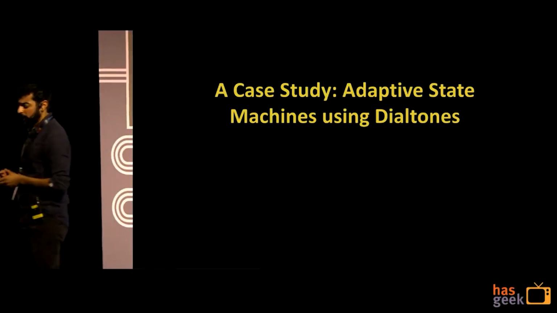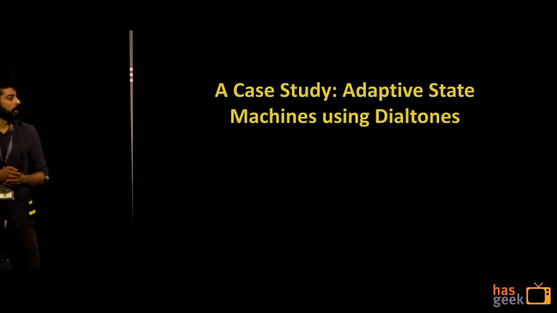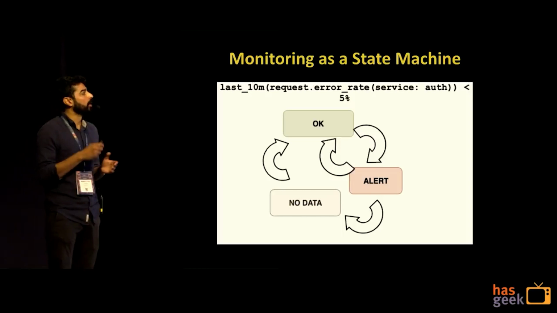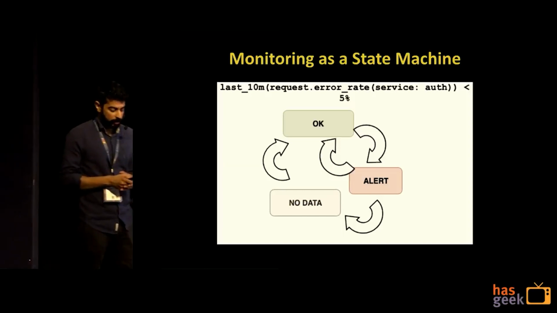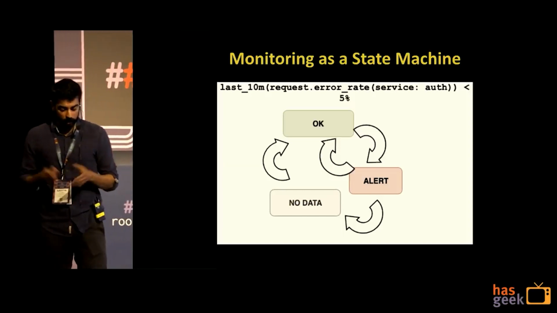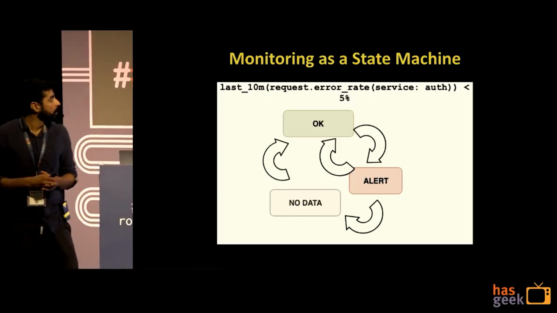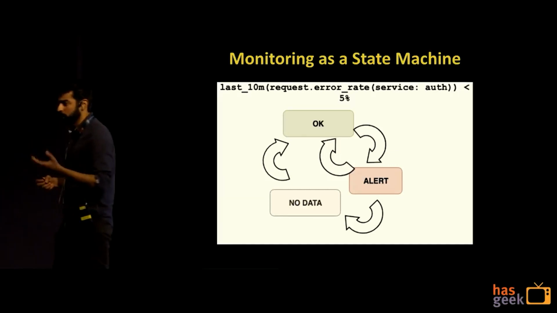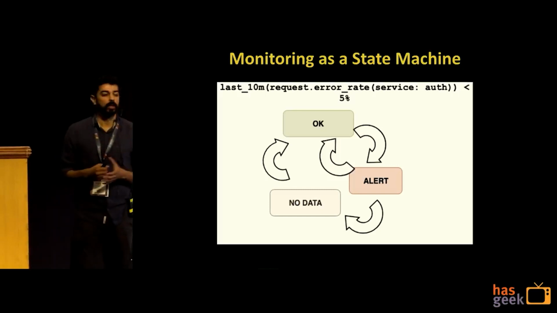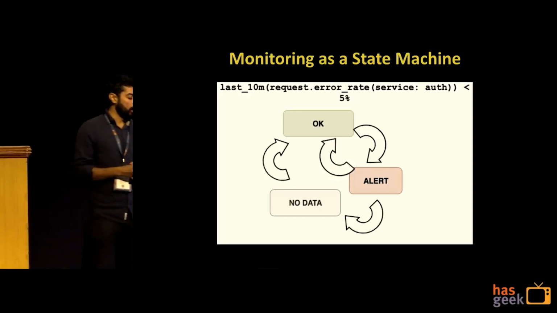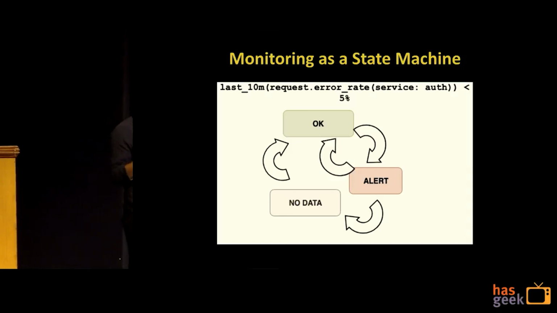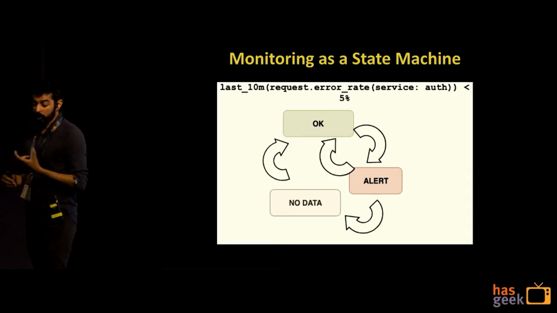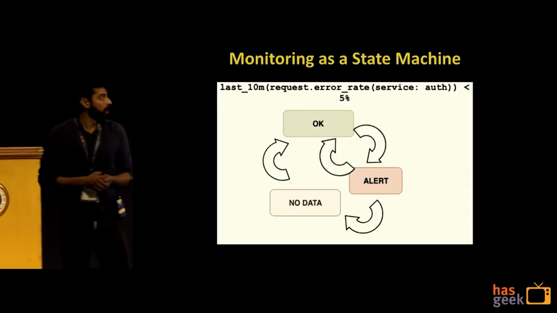So just to clarify exactly what we mean by a state machine, I'm going to use an example from the world of monitoring that will hopefully help you internalize this idea. If you think about monitoring a system, which could be an application or a server, as a state machine, we can identify a set of distinct states that a particular alert can be in.